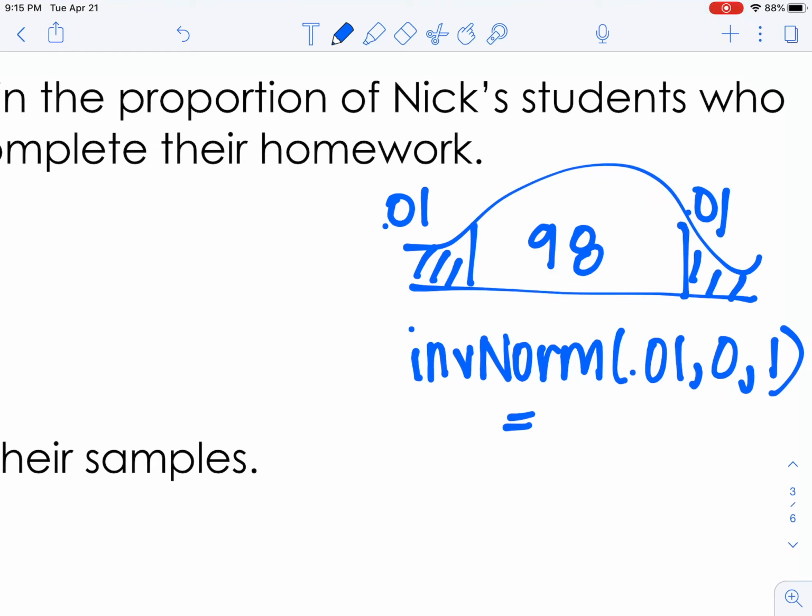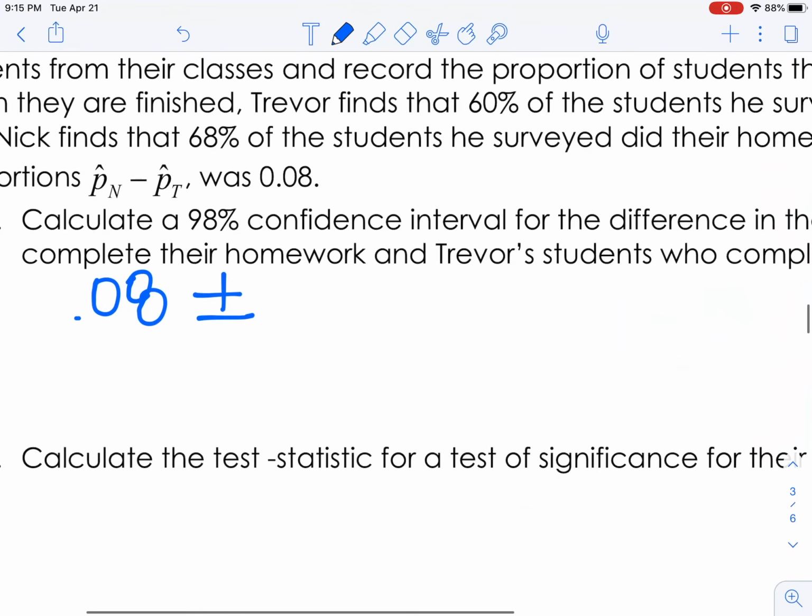Okay, when we do that in our calculator, we get negative 2.33, so plus or minus 2.33. And so that goes here.